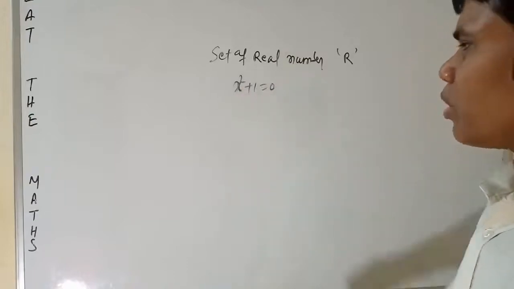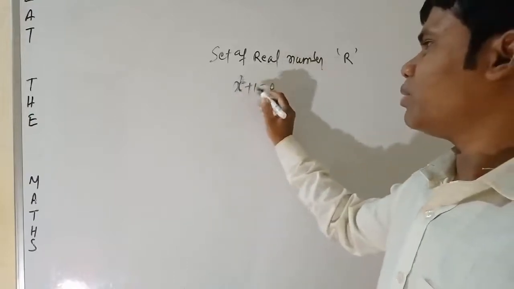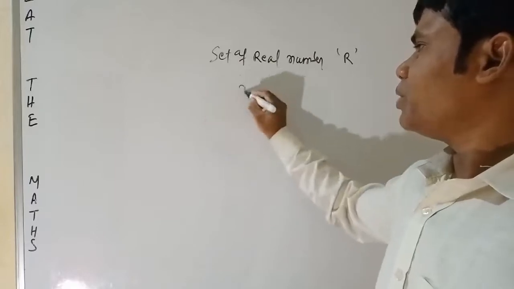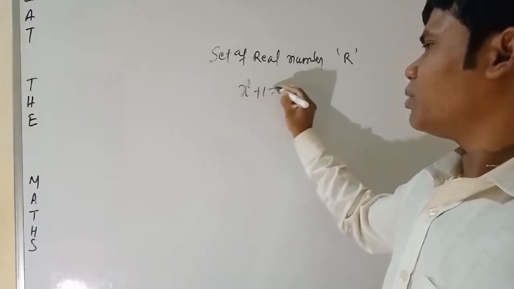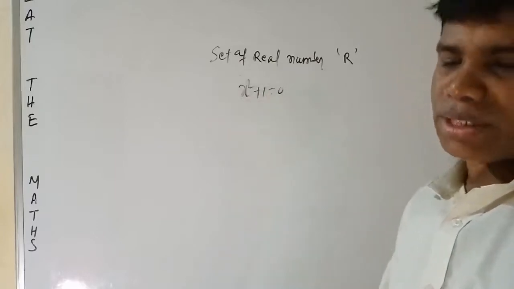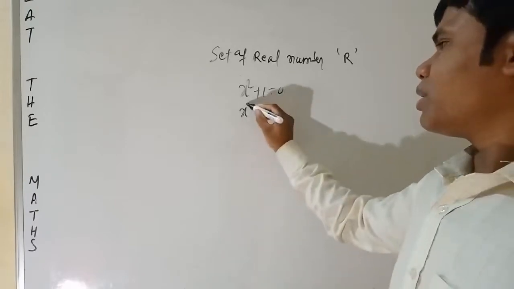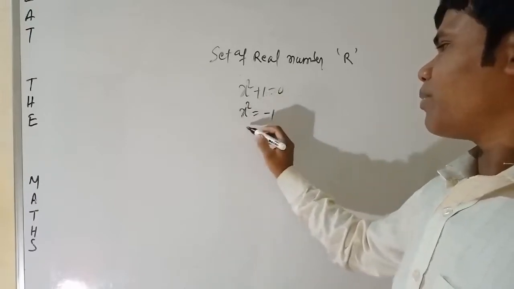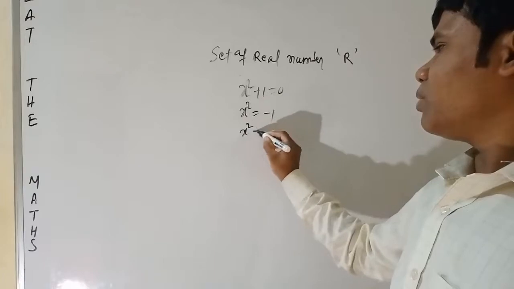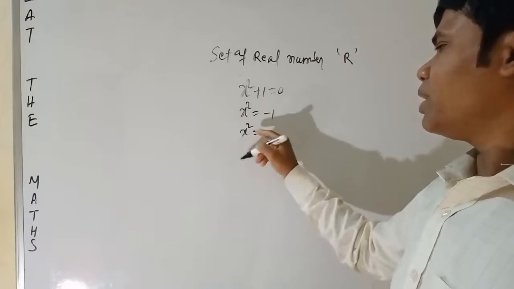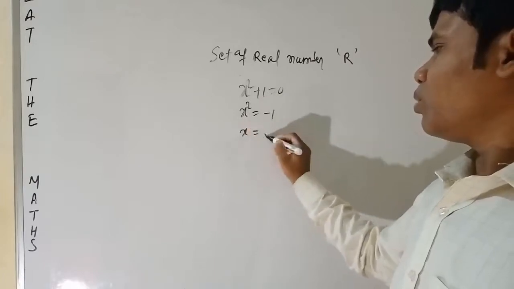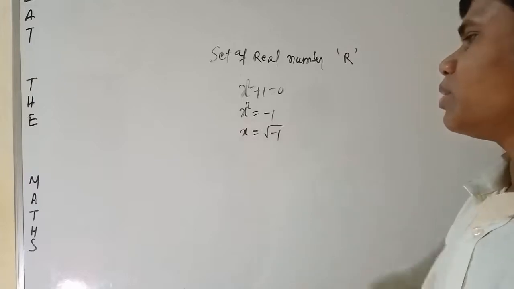If we solve x square plus 1 equal to 0, that means we can get two values of x. Let us see, x square is equal to minus 1, x is equal to root over minus 1.